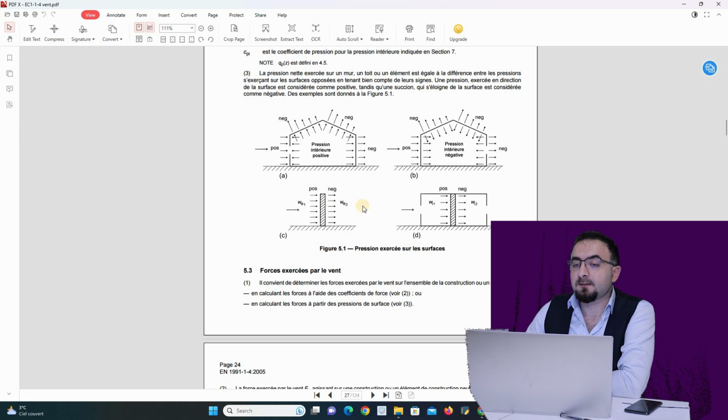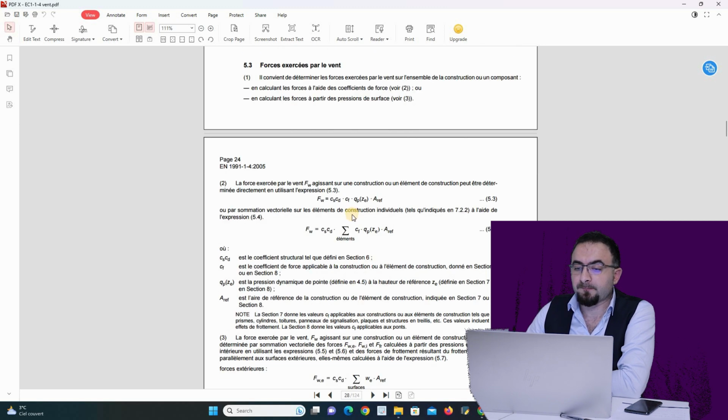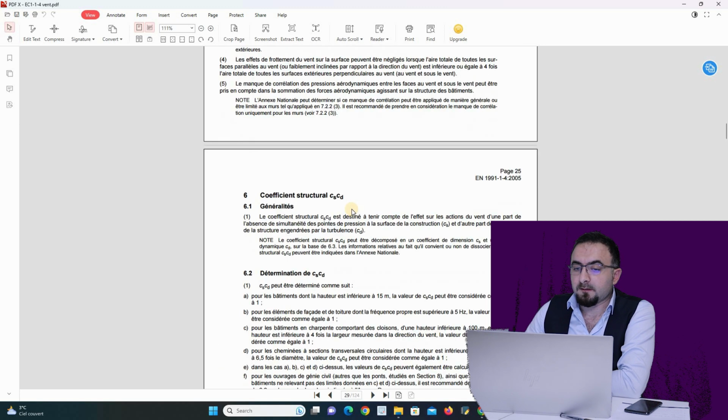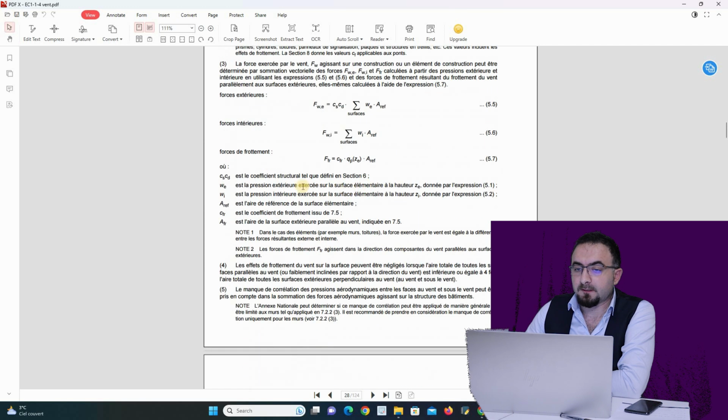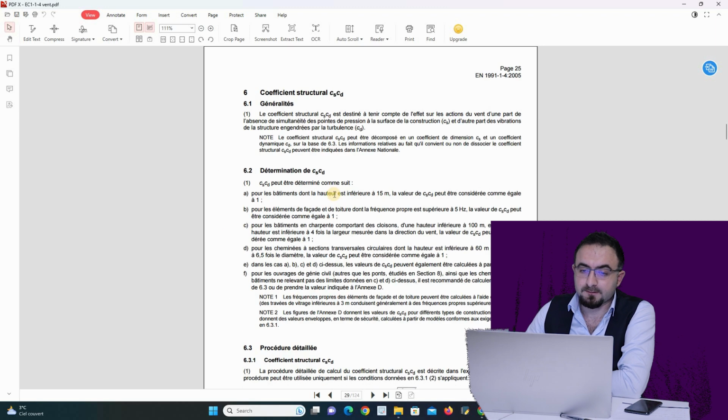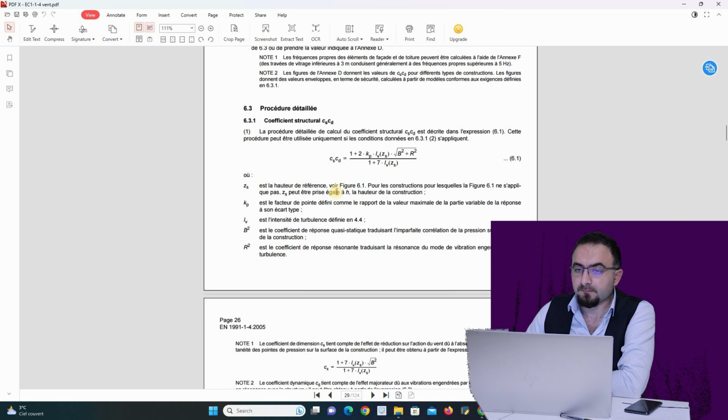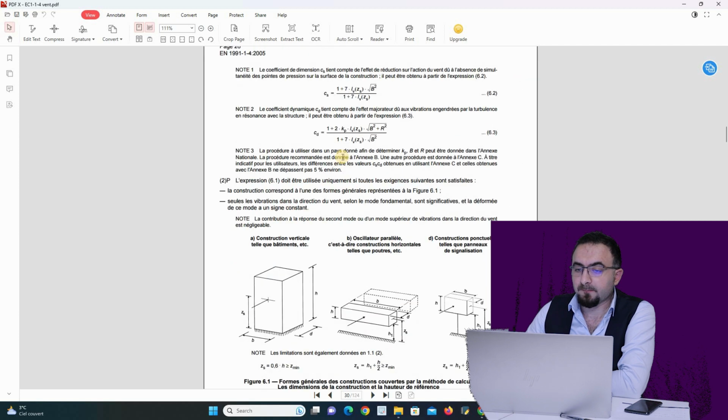If there is suction, it is negative. And here we have to determine Cs and Cd, the structure coefficient, in section 6. We can determine it here.